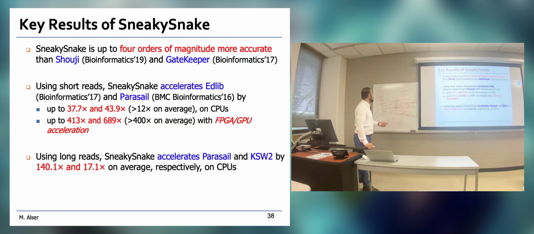Now, when we talk about long reads, which is something greater than 300, we test up to 100,000 long sequences. So in this analysis we use KSW2. KSW2 is the sequence aligner, not edit distance.